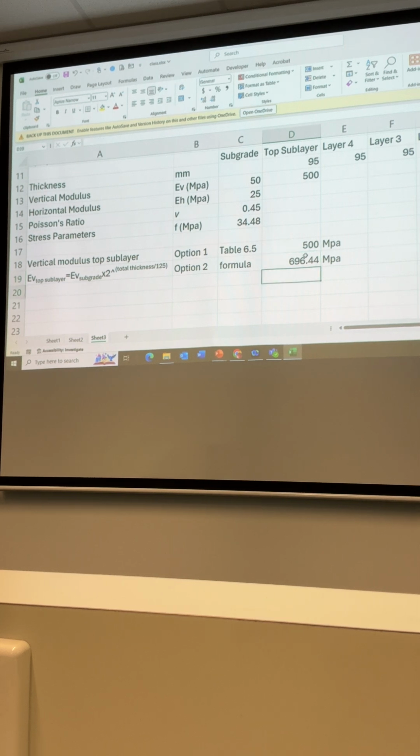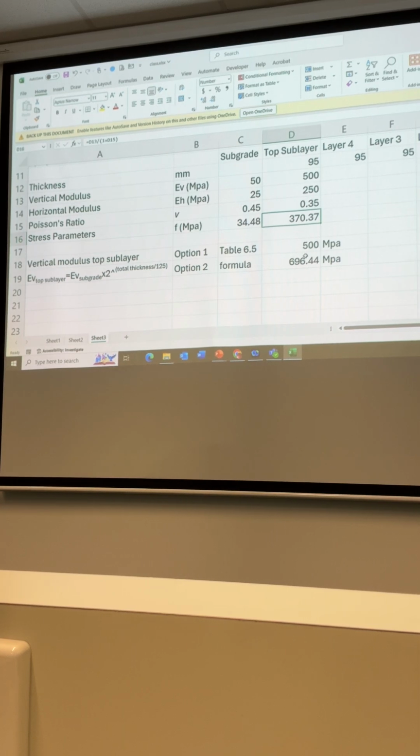So 500 megapascal, so if you know that one, then you can calculate the horizontal module. That is going to be half. Poisson's ratio is always 0.35 for the granular materials, and the stress parameter, you already have the formula.